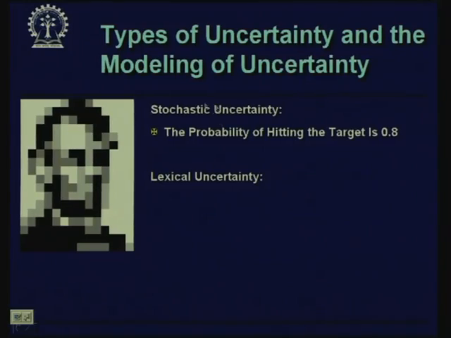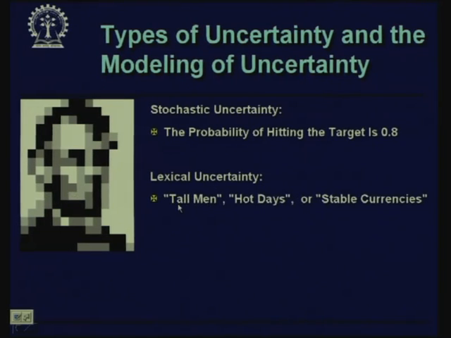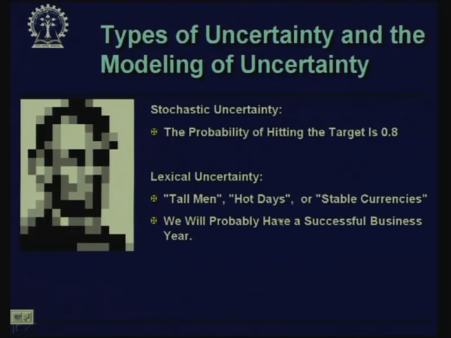So, different types of uncertainty creep in. For example, we use tall men, hot days, stable currencies. Now, you see everywhere tall, hot, stable, what do they really mean? Stable currencies. Will probably have a successful business year.